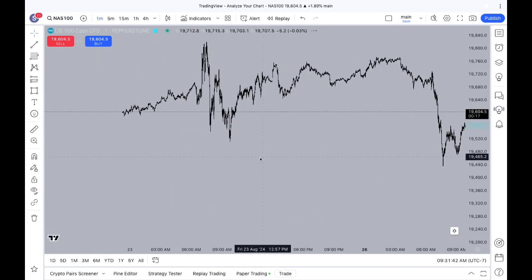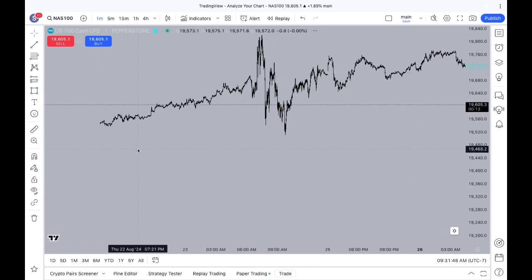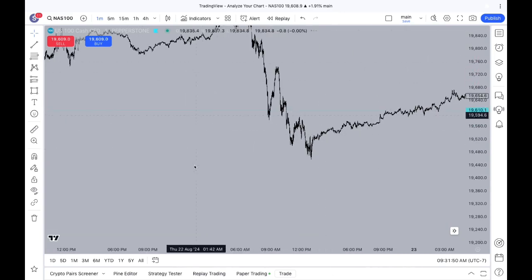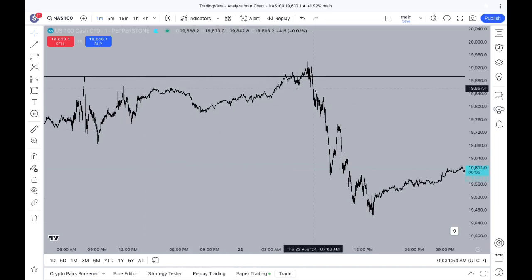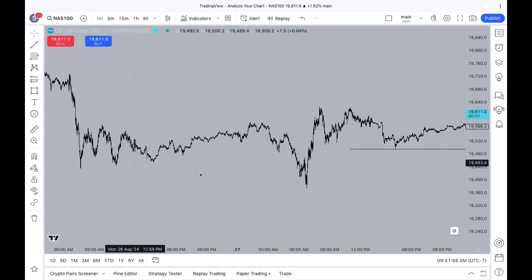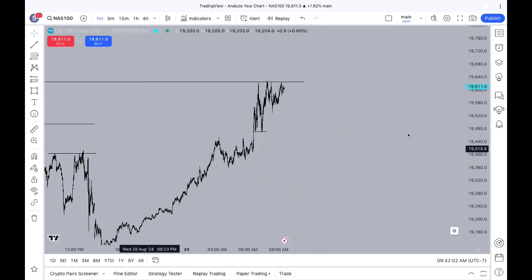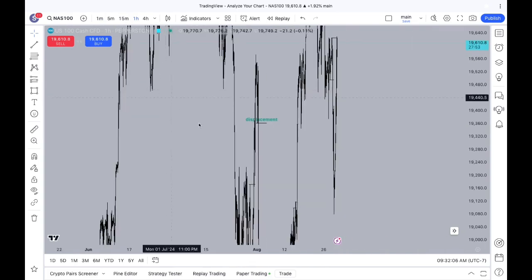And where did we mark out? Let's try to find it right here. I believe, I'm not sure if it was that. Let me go back onto the 1 hour and see where we're at.